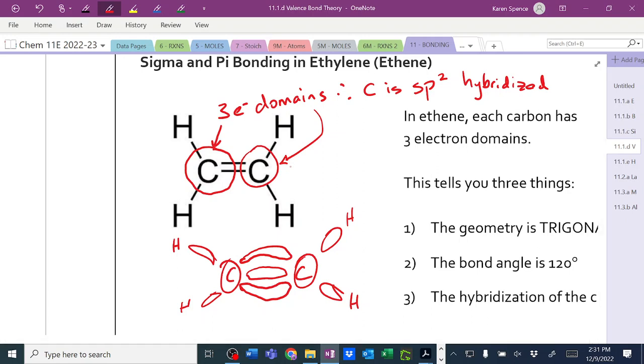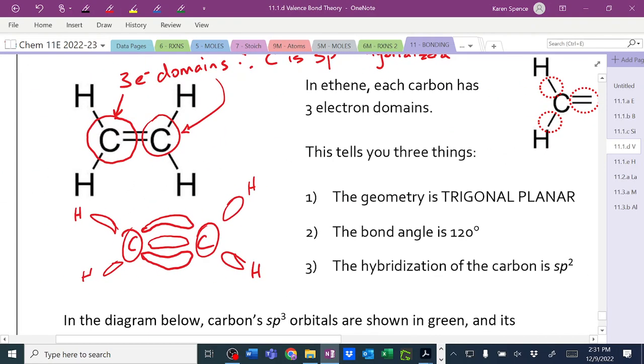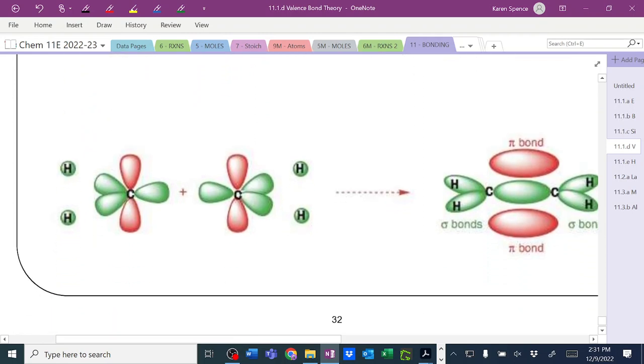And if we have sp2 hybridization, what is left over? The 2p orbital. And what overlaps to form pi bonds? P. So here's what we have. We have an sp3 orbital, we have an sp3 orbital, and, not sp3, what am I saying?